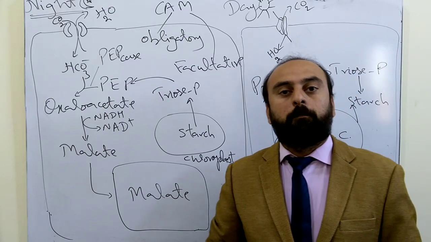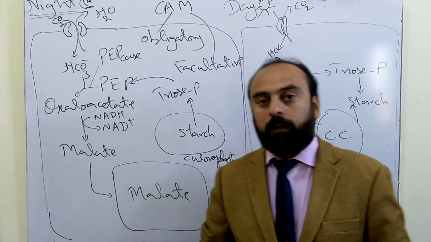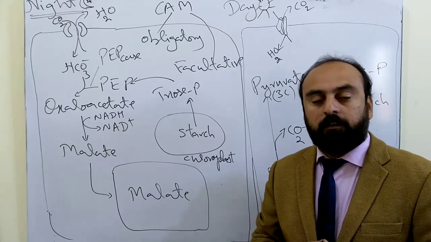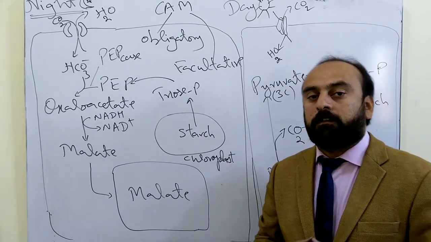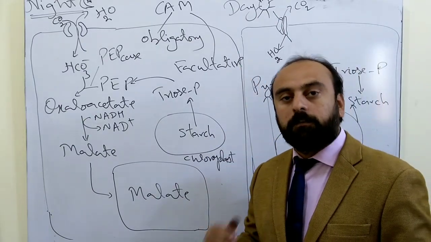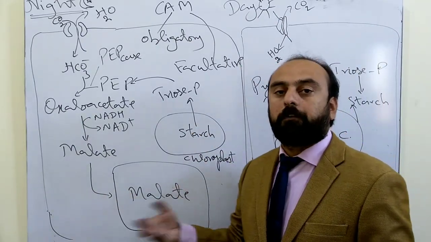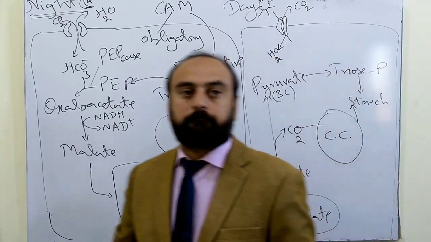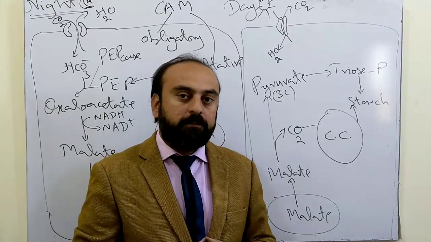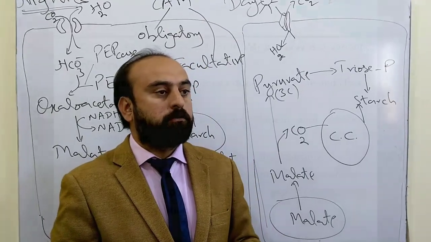Its stomata remain open during the daytime and closed during the night time. But under stressful environments like low water availability or high salt concentration, ice plants can switch from C3 to CAM mode of carbon dioxide fixation. That is how CAM plants can fix carbon dioxide and also conserve water.